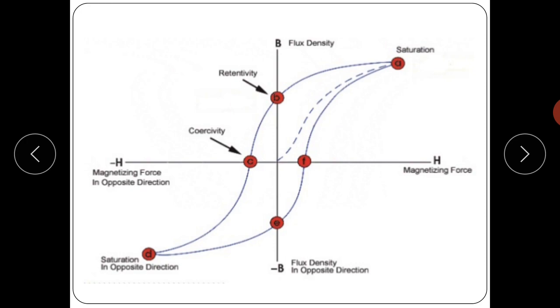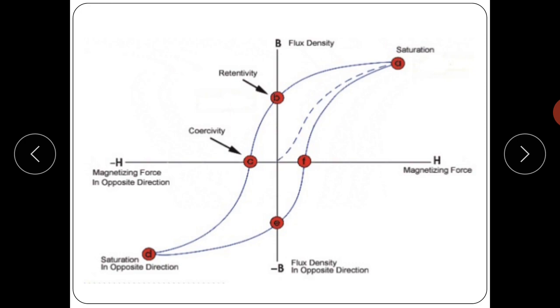This Br is called the remnant flux density. You can call it residual flux density and also remnant flux density.